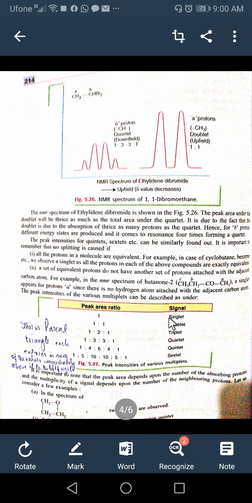You can see the height of this peak and this peak is 1/3 of these two peaks, and the height of these two peaks is 3 times greater than that of this peak. So the 1:3:3:1 height or intensity ratio can be explained in the NMR spectrum.